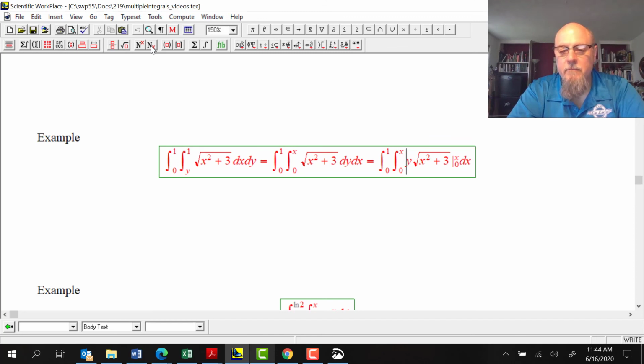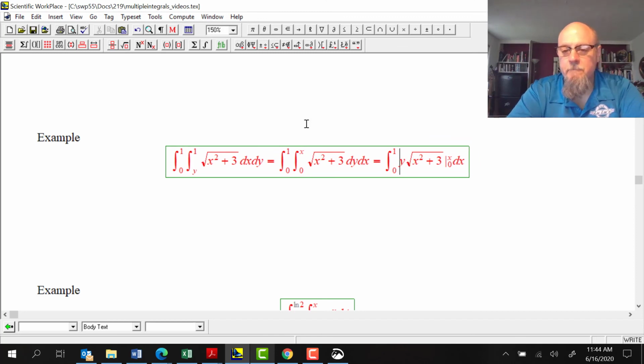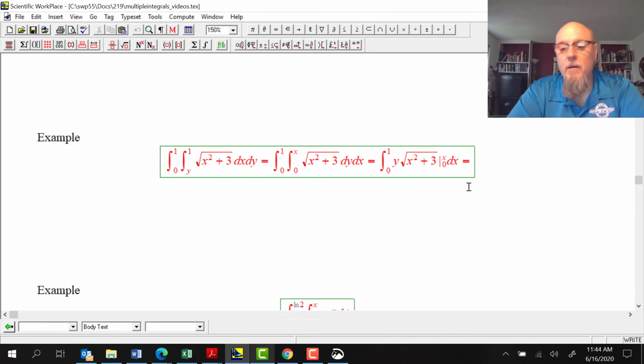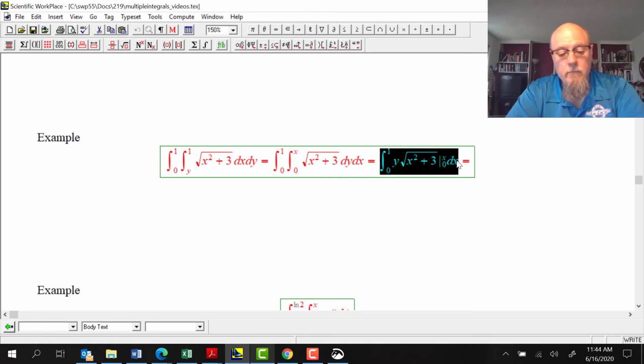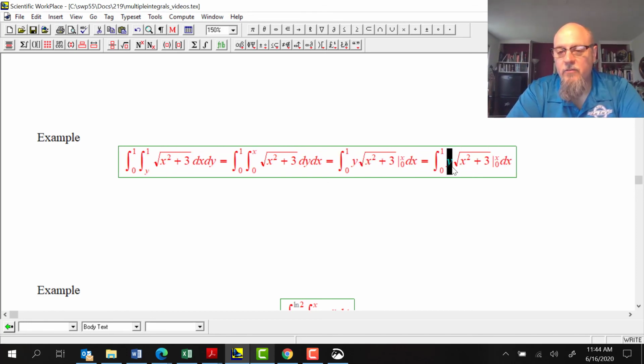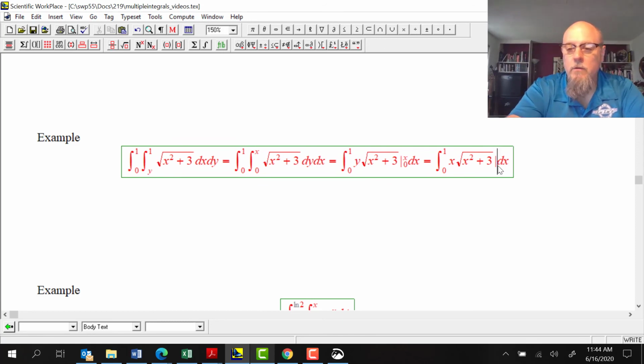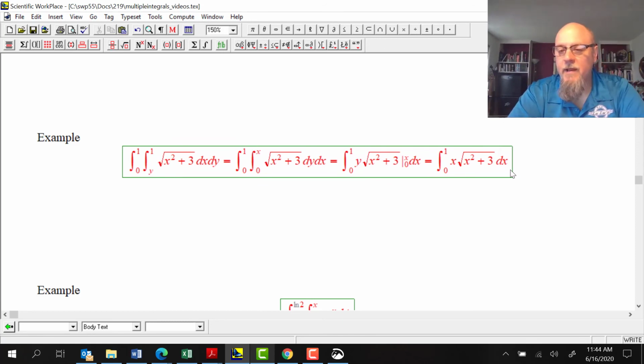So I integrated that function. Now sub in the top minus sub in the bottom. When I sub in the x for y, minus when I sub in the 0, it's like minus 0, so I won't write it. Now, I still have that square root sign, but my integration is a lot easier now.